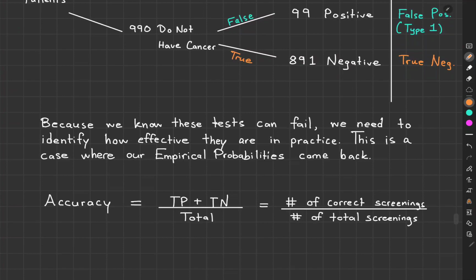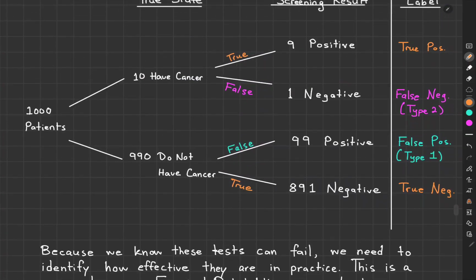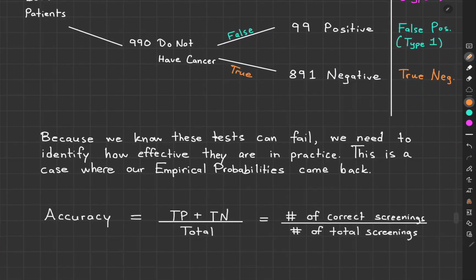And we've got a simple formula here for accuracy. So this accuracy is going to gauge how powerful this test is or how reliable it is. And this is your number of people who are true positive and your number of people who are true negative. We're going to add them together. So essentially the number of people that have been correctly identified, and then just divided by the total.